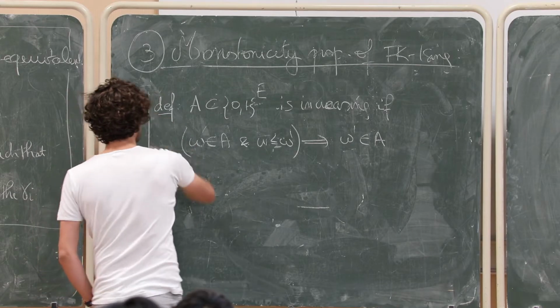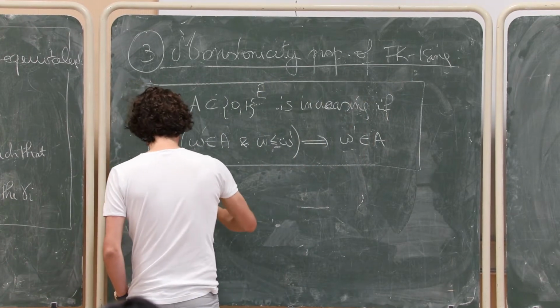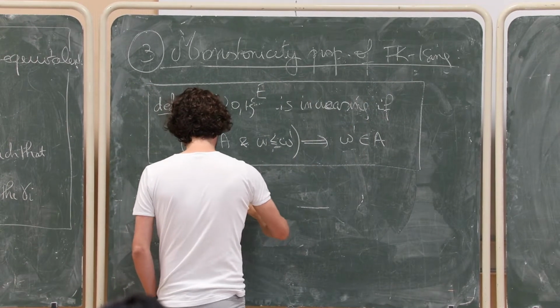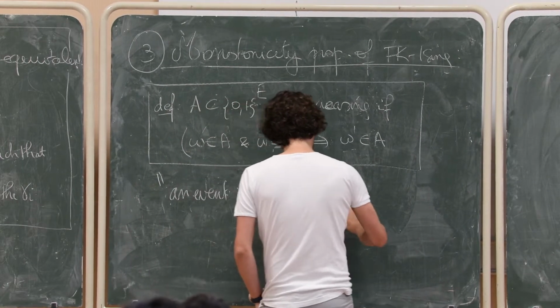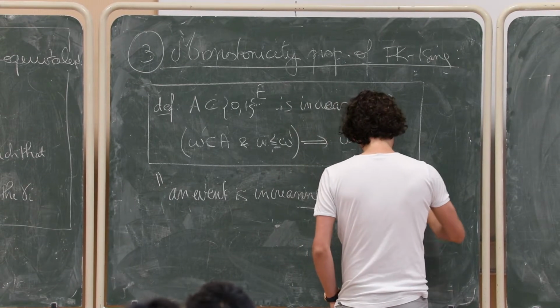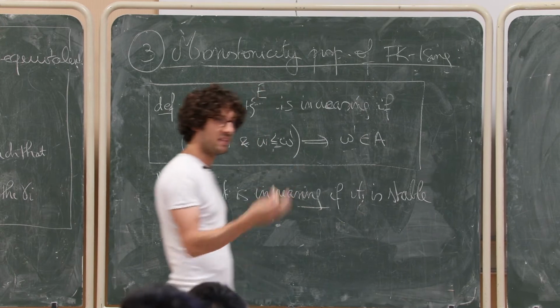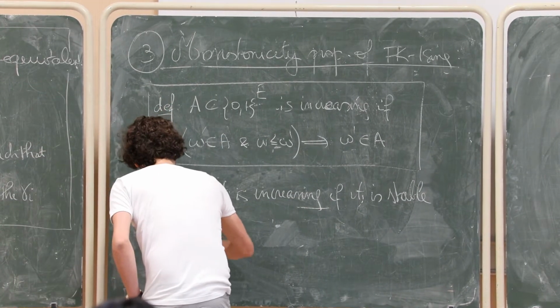Another way of saying it is that an event is increasing if it is stable by adding open edges to my graph, by adding edges.